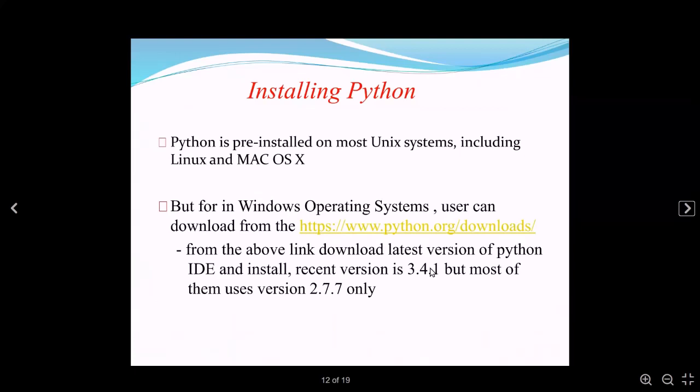Up to 2.7 is the older version of Python. Most Linux systems will have 2.7. If you have the latest Linux operating system, it will definitely have 3. If you have both on the same machine, you have to differentiate the command. If you run python followed by the program name, the older version 2.7 will work. If you want Python 3, you have to use python3 without a space. That is the only difference we can see.